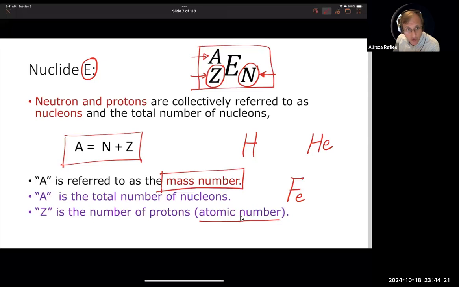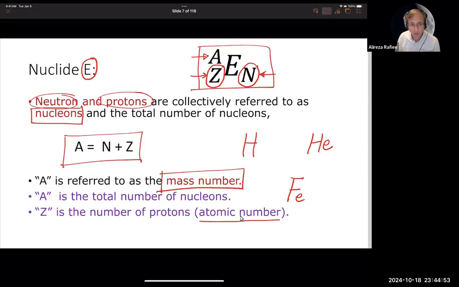Assuming that neutrons and protons each have 1 unit mass, then the mass number is technically the total number of protons and neutrons. By the way, neutrons and protons are together referred to as nucleons. So a nucleon is either a neutron or a proton. The mass number would be the number of protons and the number of neutrons all together.